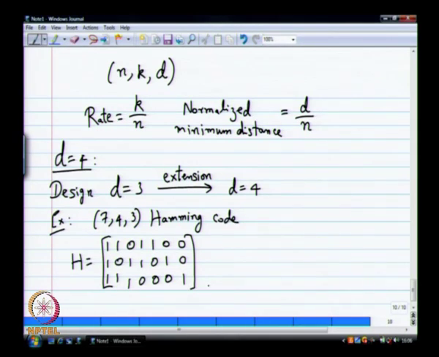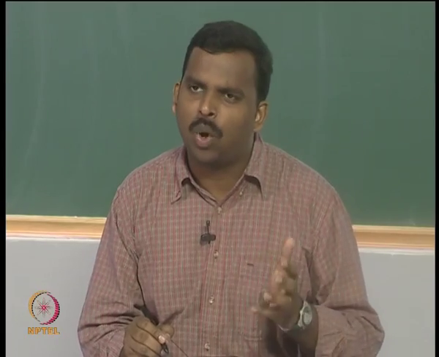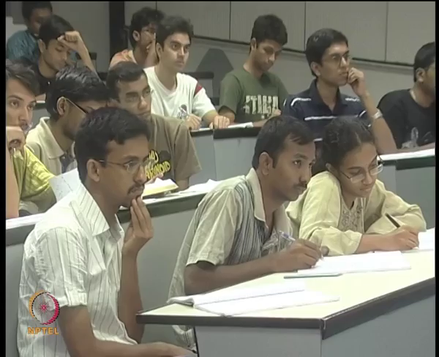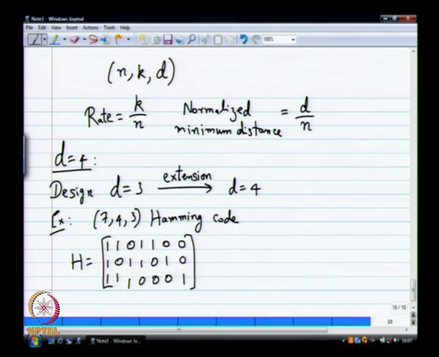Some of you might complain, I said the 7-4 Hamming code had some other kind of parity check matrix, but that and this parity check matrix are quite equivalent. What is the only thing I have done? I swapped columns, and we do not mind the swapping of columns. It is all equivalent. So, this is the 7-4 Hamming code.